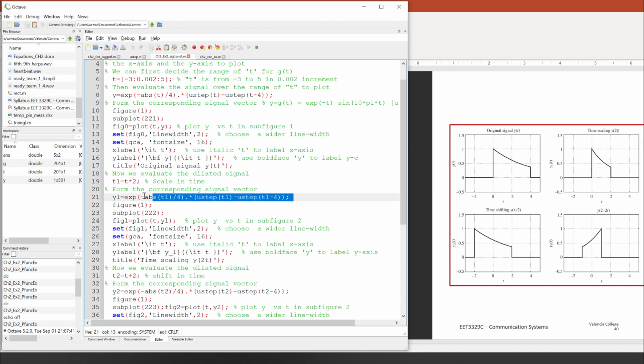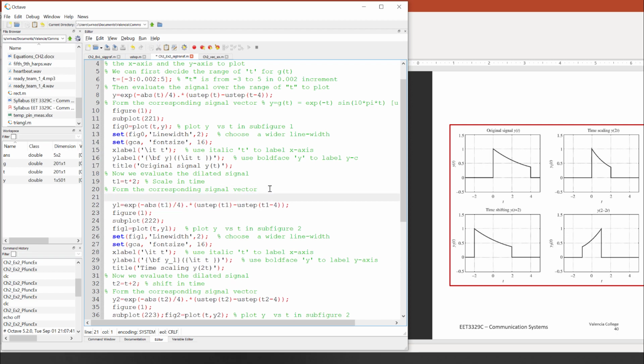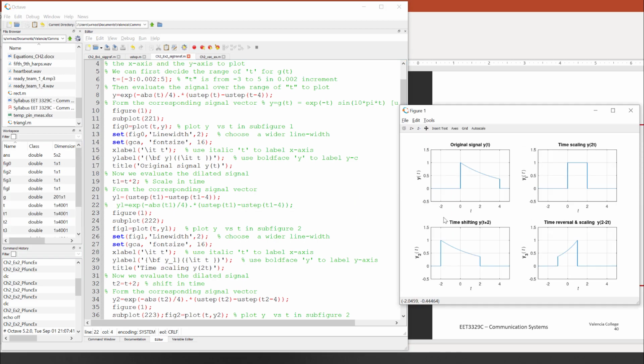Okay, so let me go ahead and take y1 real quick. It's going to plot four plots, but for the first plot, let's just change y1. I'm going to get rid of the exponential, and we're going to comment this out temporarily, and run that.